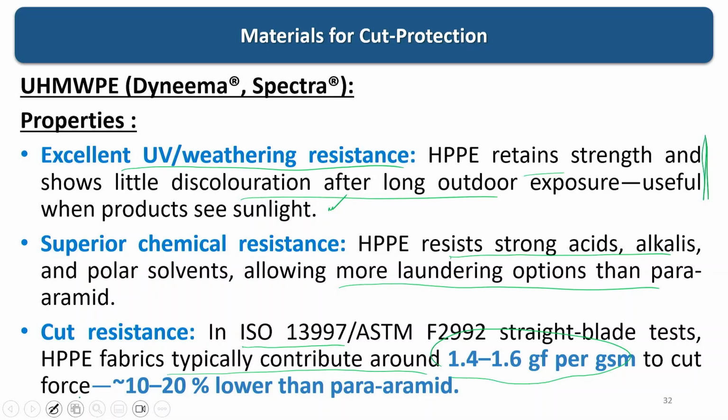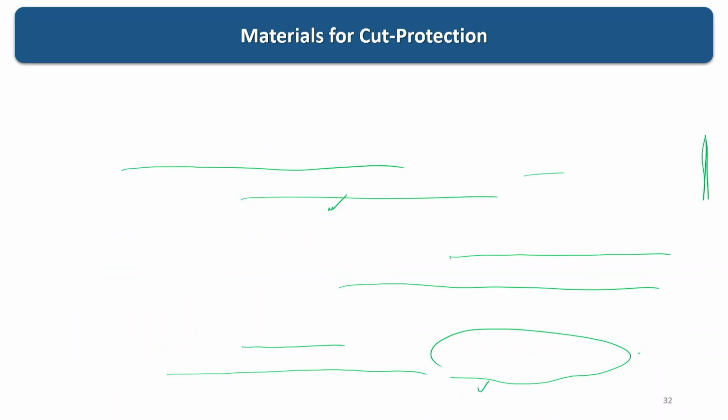The cut force is typically 10 to 20% lower than the para-aramid. Now, let us see what was there in the para-aramid.